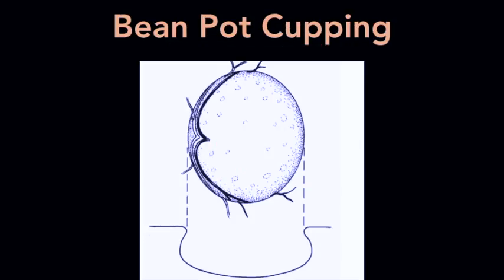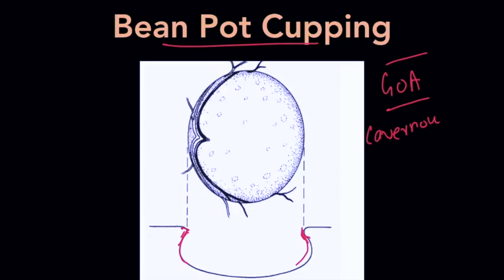When there's a completely excavated optic disc, where there's complete excavation of neuroretinal rim, where you do not see any neuroretinal rim elsewhere, that's what we call a bean pot cupping. There's a deeply excavated cup. That gives very much an atrophic appearance, what we call glaucomatous optic atrophy, or also called cavernous optic atrophy.